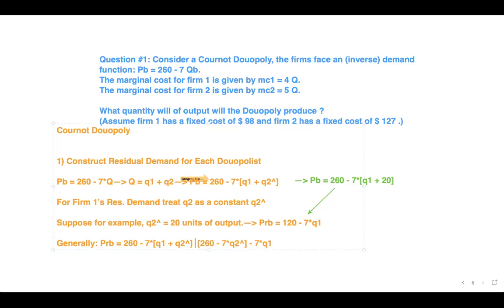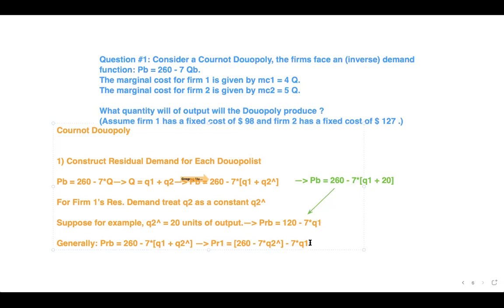So maybe this would be a little bit clearer if I rearrange the terms. And I'm going to switch this now from PRB to residual demand for firm 1, right?